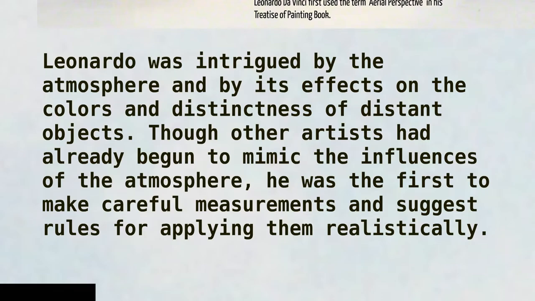Leonardo was intrigued by the atmosphere and by its effect on the colors and distinctness of objects. Though other artists had already begun to mimic the influence of the atmosphere, he was the first to make careful measurements and suggest rules for applying them realistically. Please write this information down in your Cornell notes.